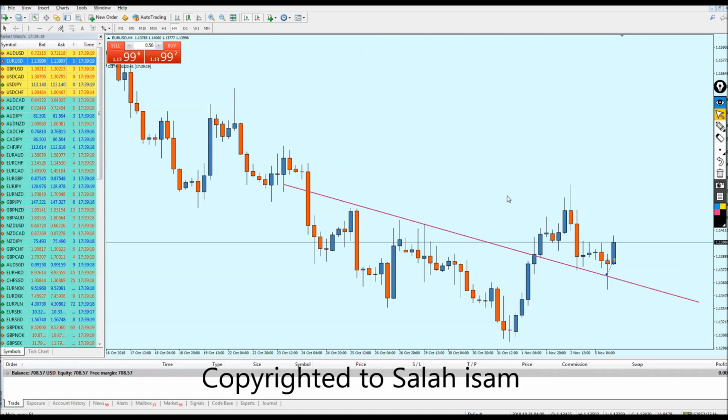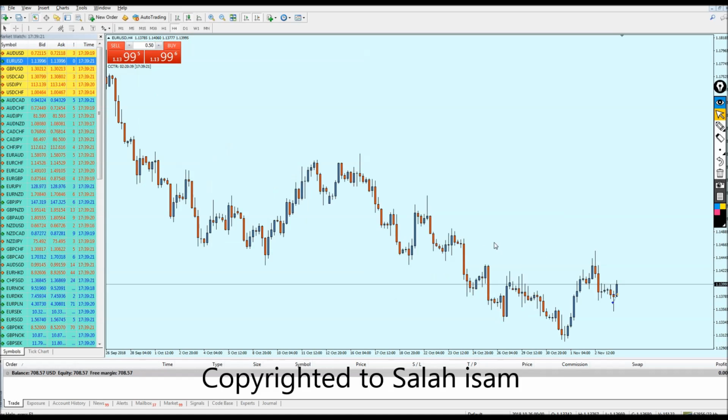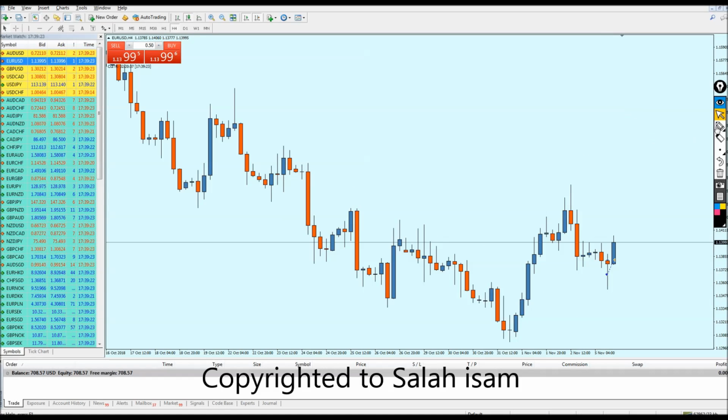Let's go to another example. Here is a good example, but we cannot even buy or sell now. Let me tell you why. We can tell that this was a support level, and you can see that the candle bounced here, and this is a resistance zone. So this is a support zone, and this is a resistance zone.